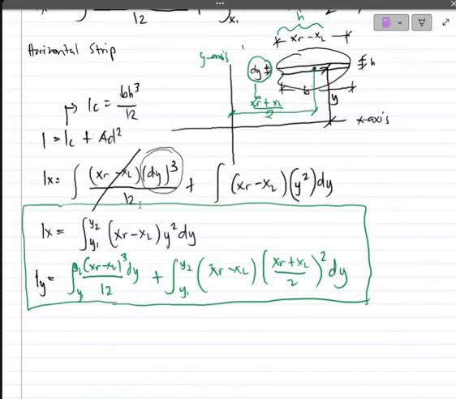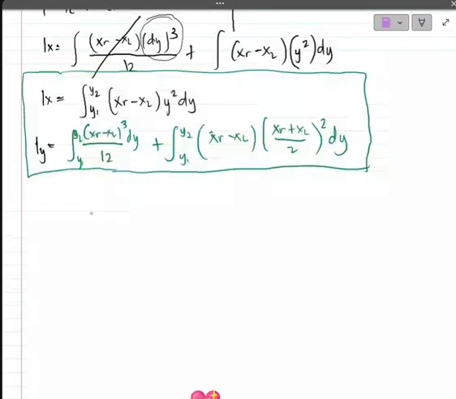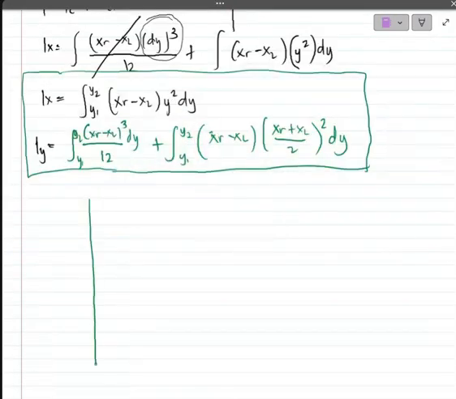So a correction to your formulas: Iy for the horizontal strip and Ix for the vertical strip. Now the problem from earlier.